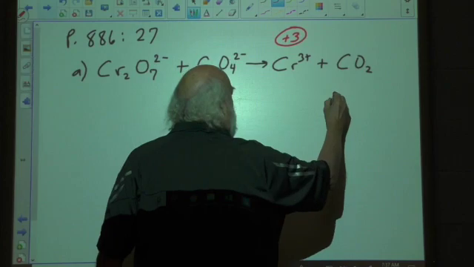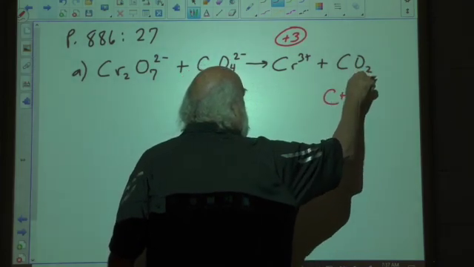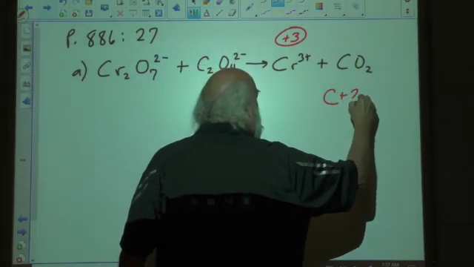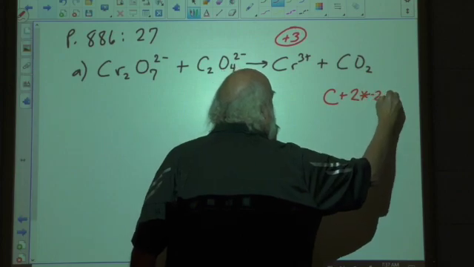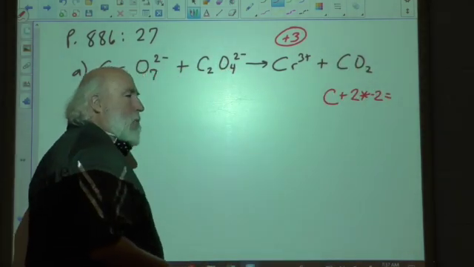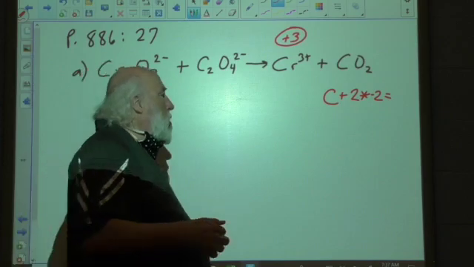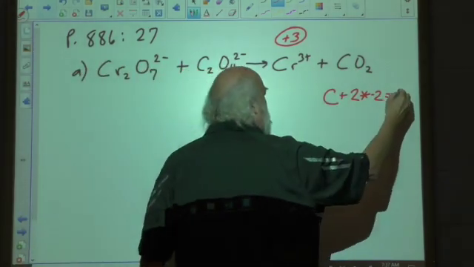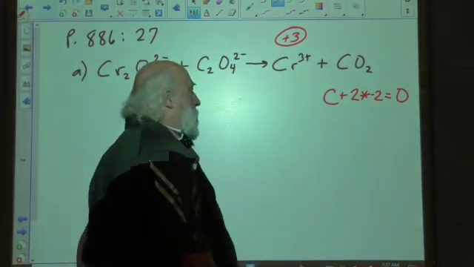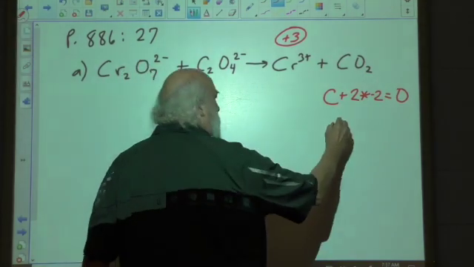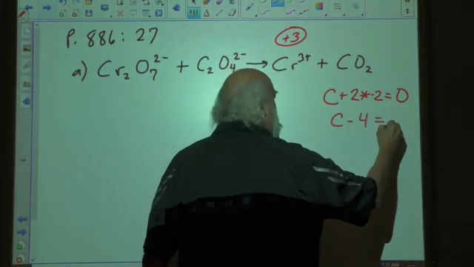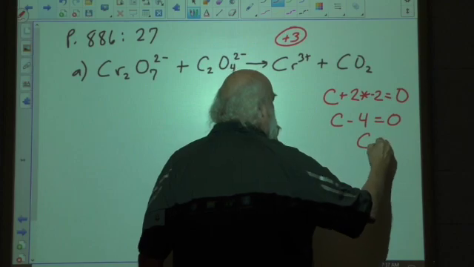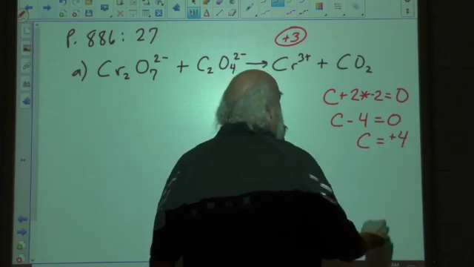We don't know what carbon is, but we do know that oxygen is -2, and we have 2 of them. So 2 times -2. And this is a compound, which means it has no charge at all. So the sum of the oxidation numbers has to add up to 0. When you do the algebra, this becomes C minus 4 equals 0. Add 4 to both sides, C is equal to +4.